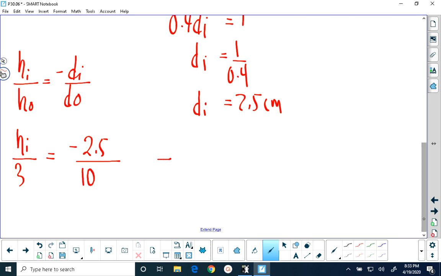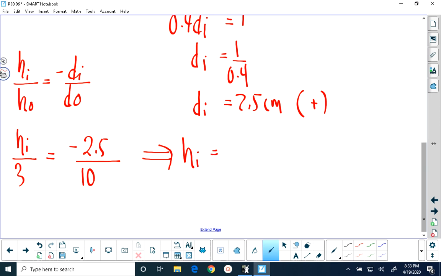And then we can cross multiply to find the height of the image. Now, just before we do that, since dI is positive, that must mean HI is going to be negative. One of them is always positive, one of them is always negative, which means it's going to be a real image.